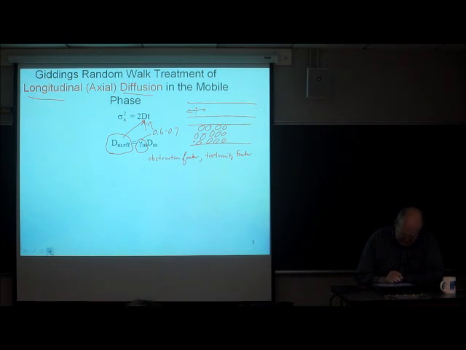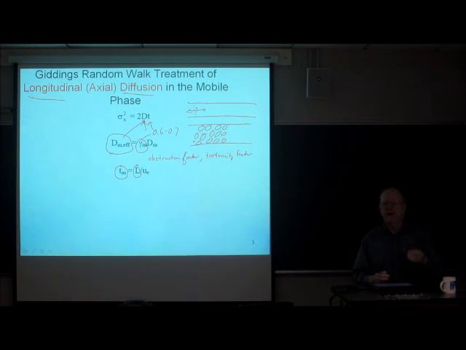Well, this is really easy to come up with. The time that a molecule spends in the mobile phase is equal to the length of the column divided by the average velocity that the molecule has when it's in the mobile phase. Now, this is not the same as the zone velocity.